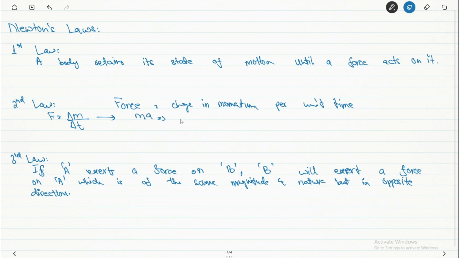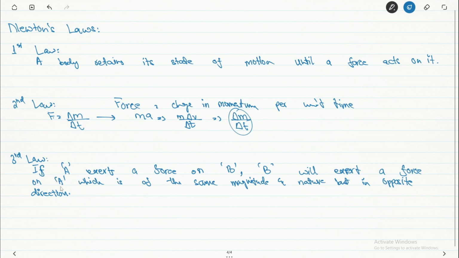Acceleration is change in velocity over time, so m times delta v over delta t. mv is momentum, so this becomes delta momentum over delta time, or change in momentum over change in time, right? So everything remains the same, and the unit is still the same. Just you always have to write this law in this form now, which is change in momentum per unit time. Do keep in mind that these are all mark scheme definitions. So if you memorize these, it's good for you.